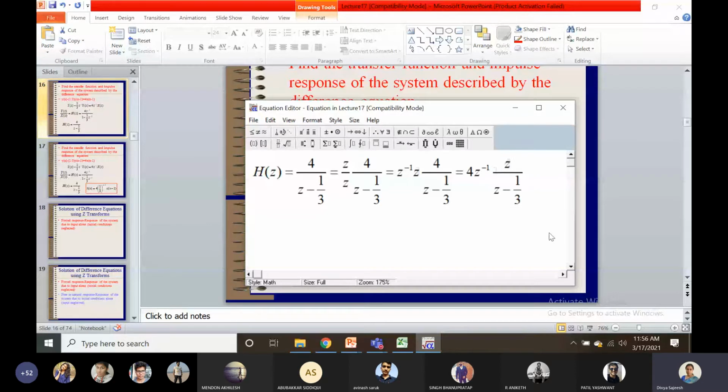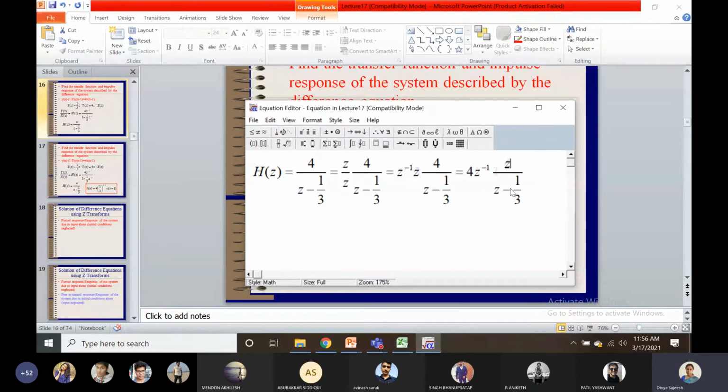All of you understood how it is written? Aniket, can you follow this? Yes, ma'am. Okay, so now I can obtain the inverse z transform directly. That is 4 z inverse into z upon z minus a.